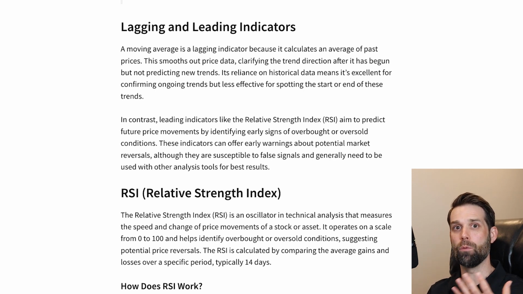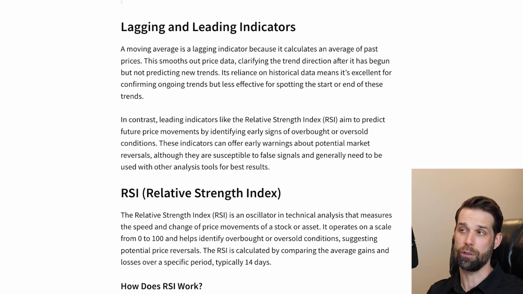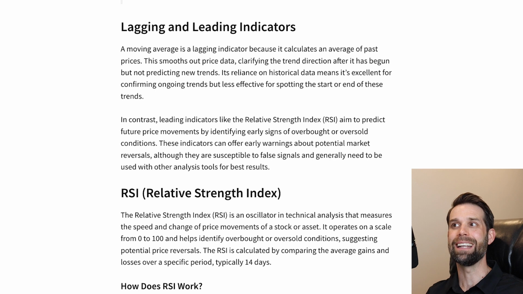And then you also have what are called leading indicators. And that's the next one that we're going to review here, the RSI, the relative strength index. Leading indicators aim to predict future price movements by identifying early signs of overbought or oversold conditions. These leading indicators can offer early warnings about potential market reversals, although they are susceptible to false signals.